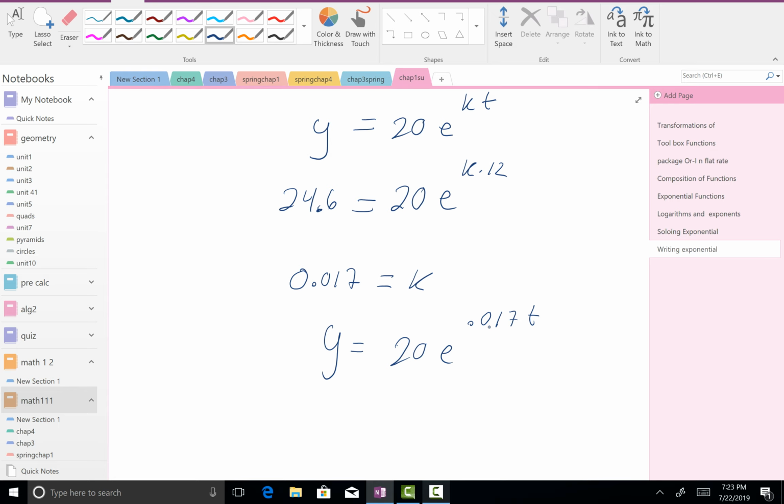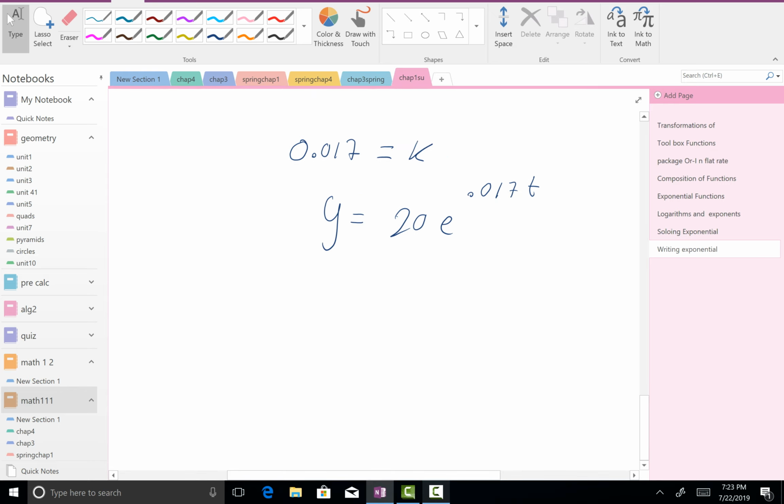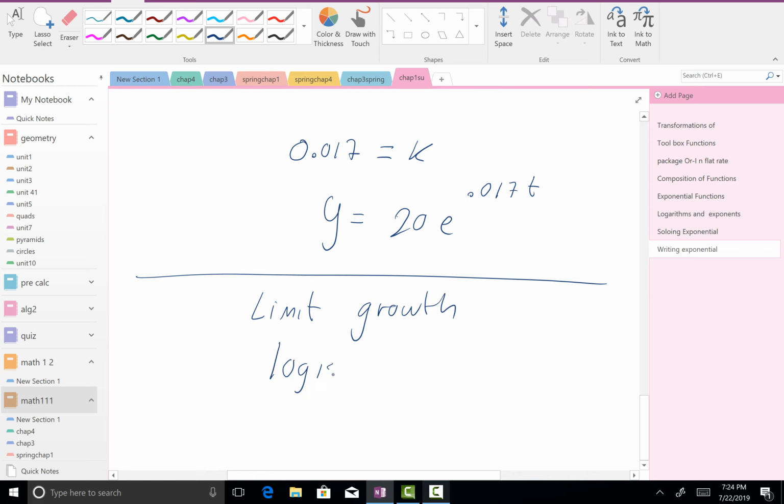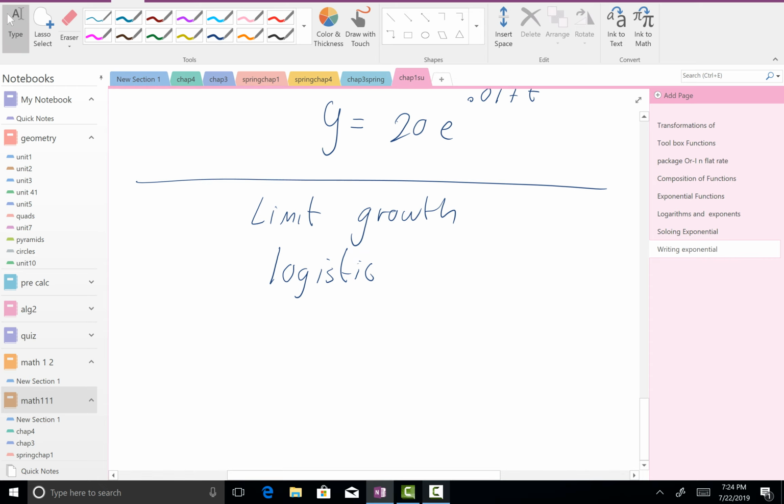So here it is. P of t equals c over 1 plus a times e to the negative bt. Here's what it says. c is the carrying capacity. It tells you this underneath it.